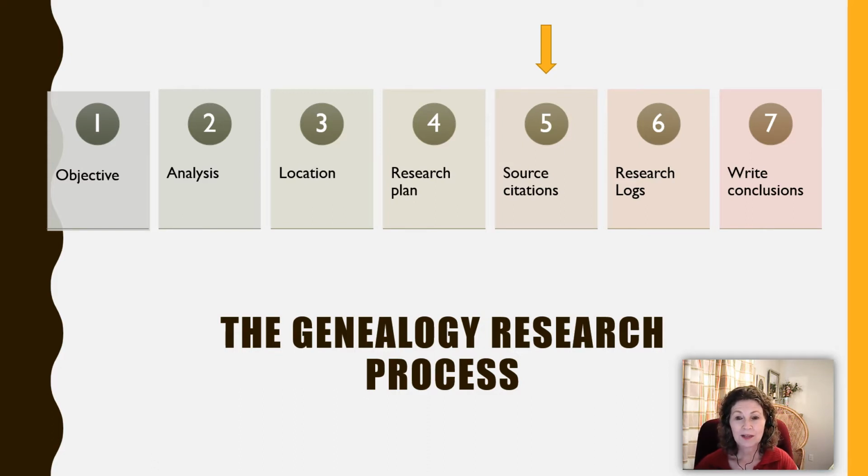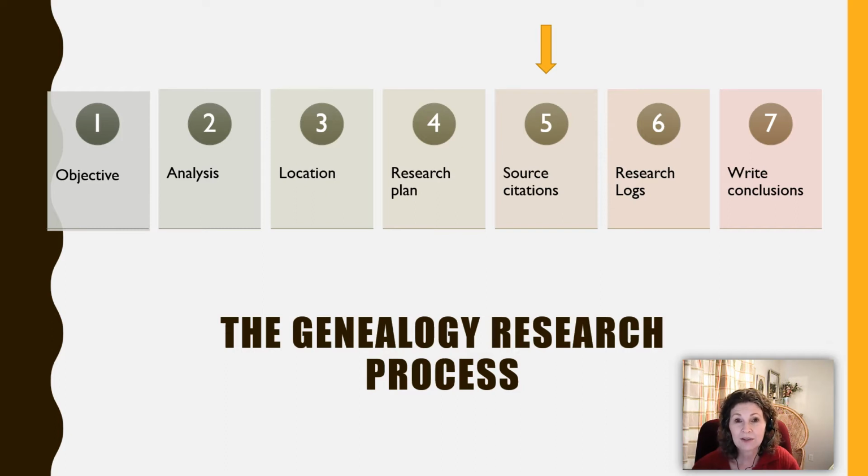So we want to make sure that as we are doing our planned research, we have a research log where we are keeping track of where we've been and what we've looked at. And a source citation is key because this is where we write exactly what we found or what we didn't find. I want to make a note that sometimes we have negative source citations.